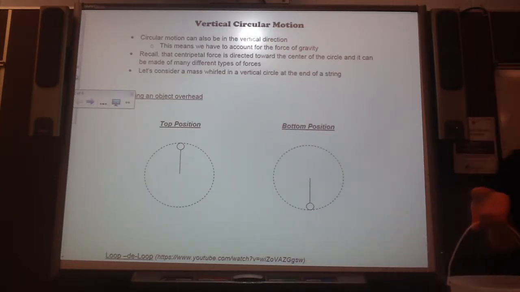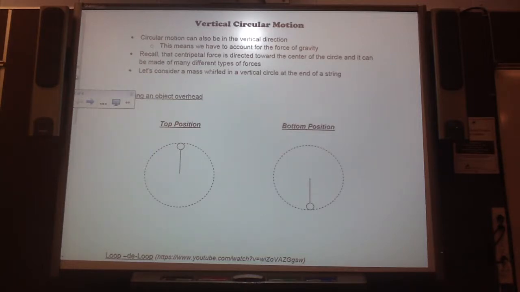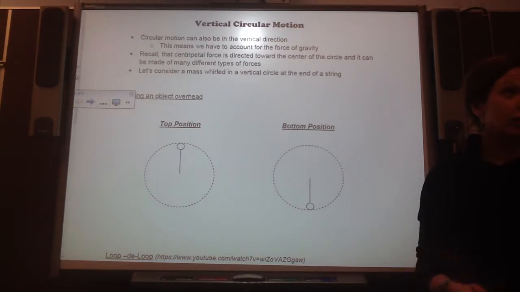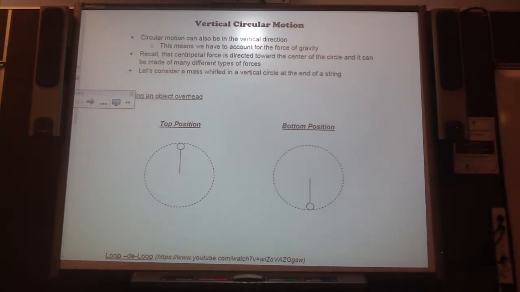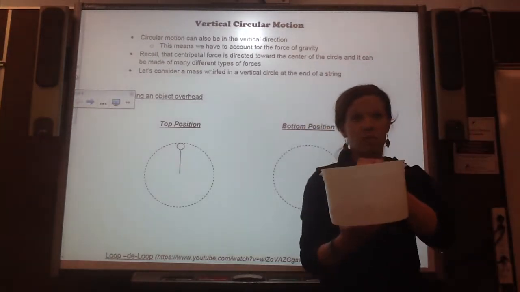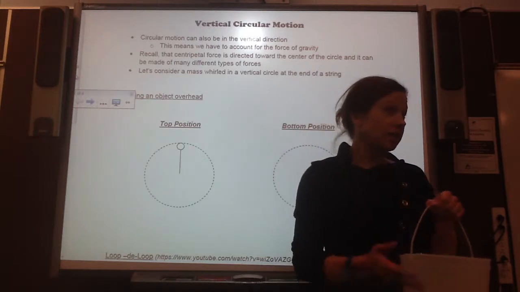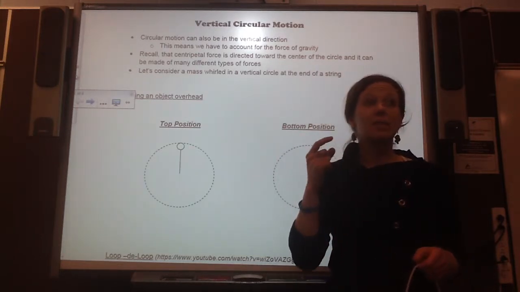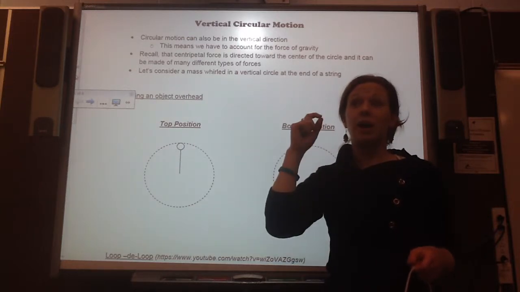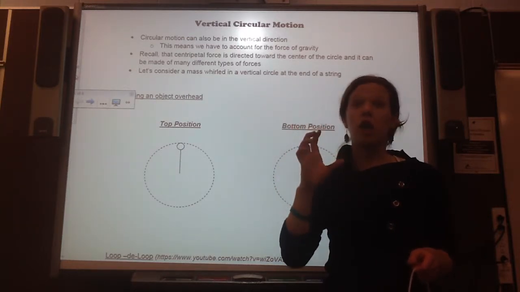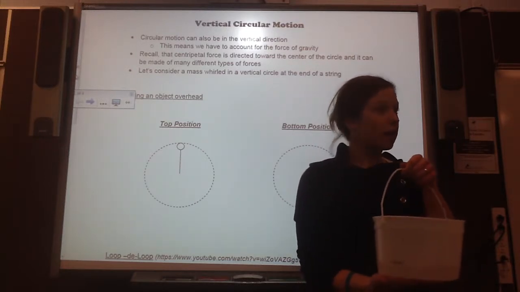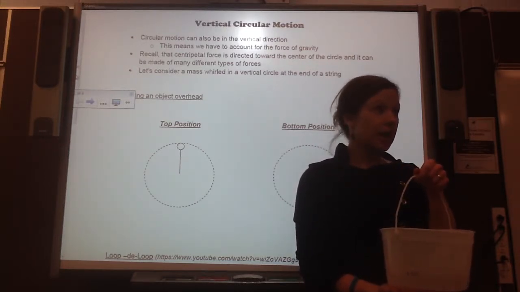I need a certain speed in order to counteract gravity, right? Because if I turn this bucket upside down, there's the force of gravity pulling it down. But if I develop enough speed to develop a strong enough centripetal force, it will keep the water in the bucket. Okay?